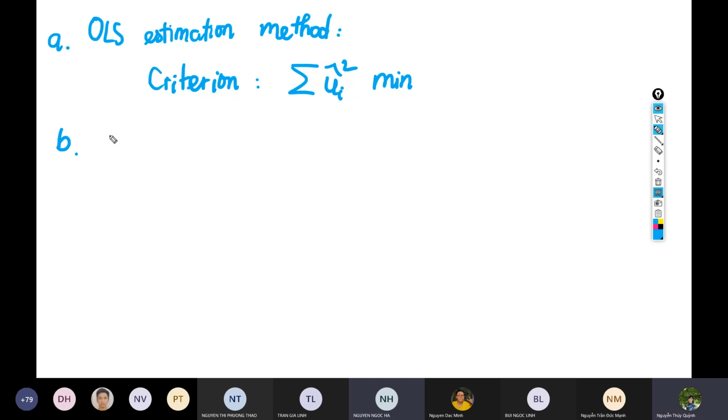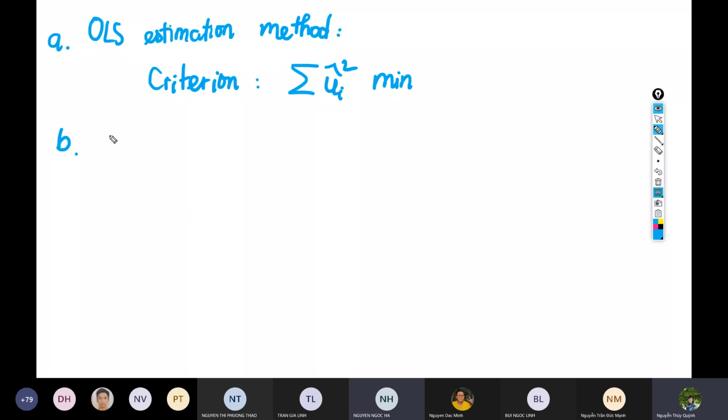We still have some more additional assumptions of the classical linear regression model, but because they are easy to meet, we do not need to mention them here. All right, so those are some basic assumptions of the classical linear regression model, or we could call them the basic assumptions of the OLS estimation method.